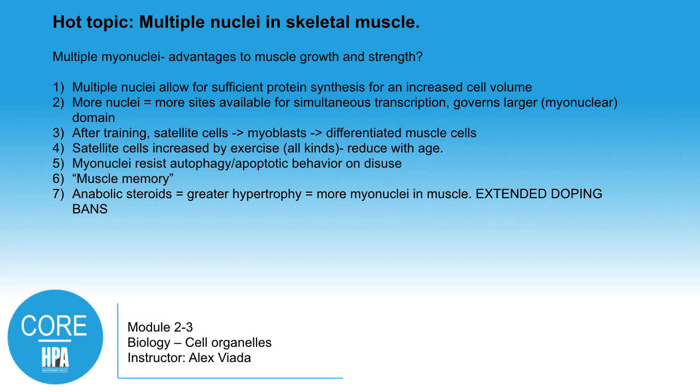The rate of satellite cell proliferation very much declines with age, and past a certain age, in fact, you no longer get much satellite cell differentiation at all. So this is why building muscle when you're younger is much, much easier than building muscle when you're older. In fact, if you see individuals in their 60s, 70s, 80s with significant hypertrophy, even with the use of anabolics, chances are those people trained significantly when they were younger.